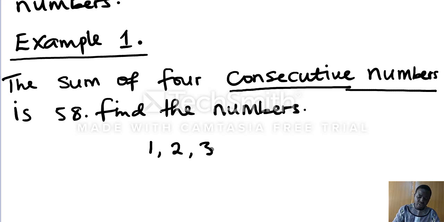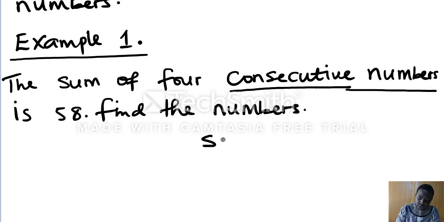So the question says the sum of 4 consecutive numbers is 58. Find those numbers.